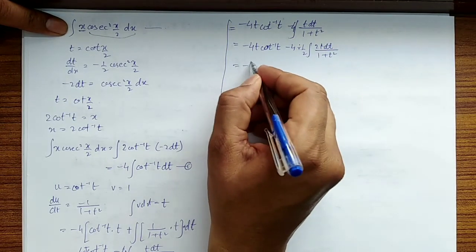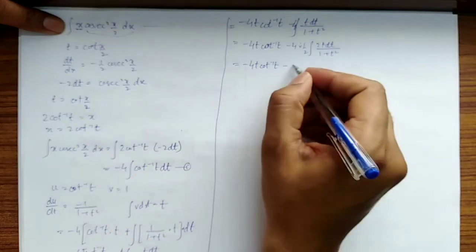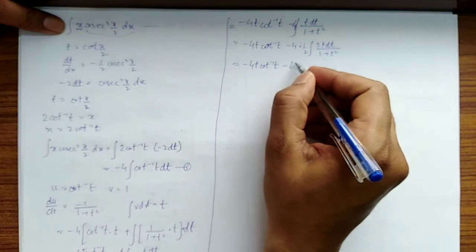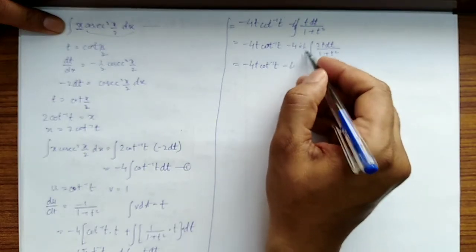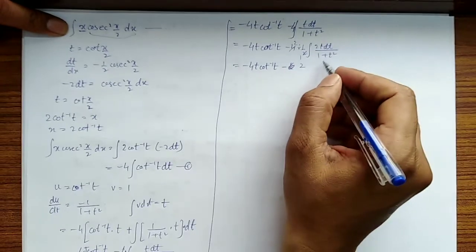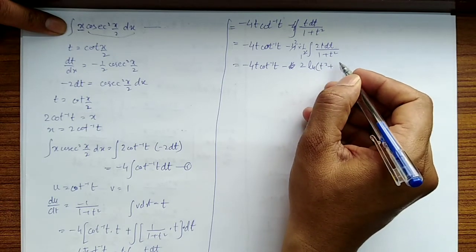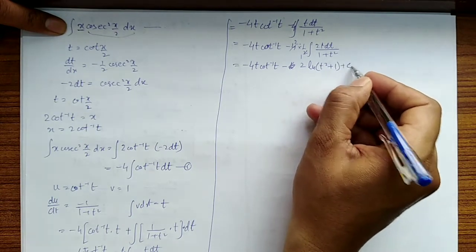We can write this as 4t cot inverse of t minus 4. We can cancel out here: 2 1s are 2, 2 2s are 4, so 2 ln of t square plus 1 plus c.